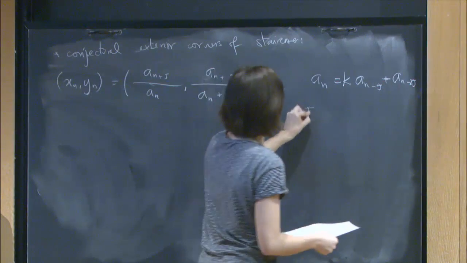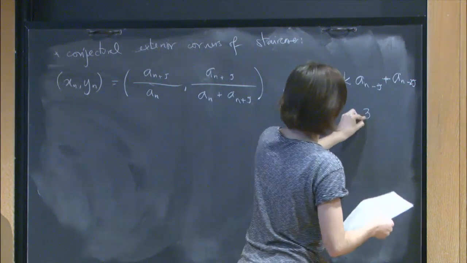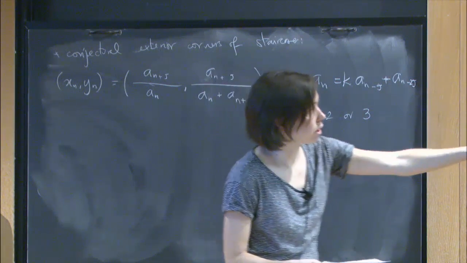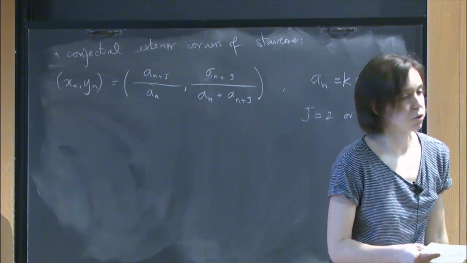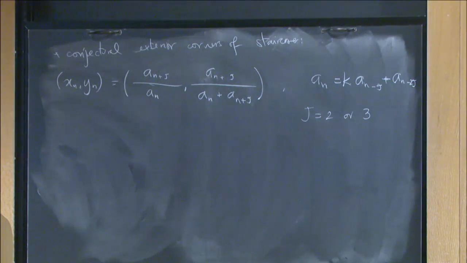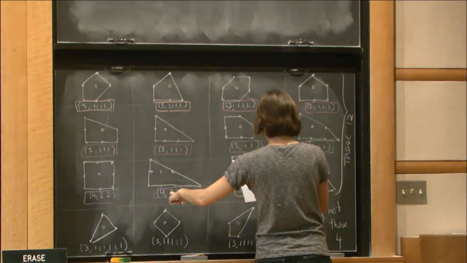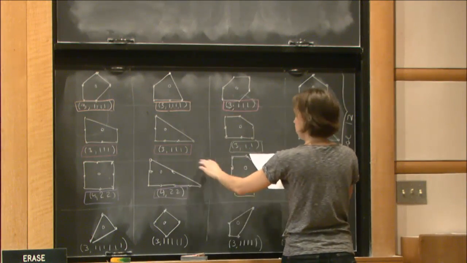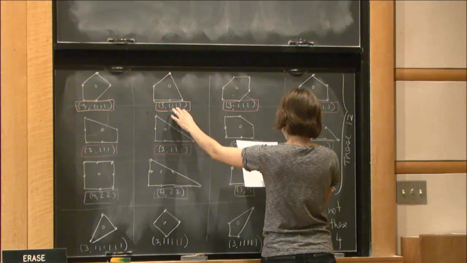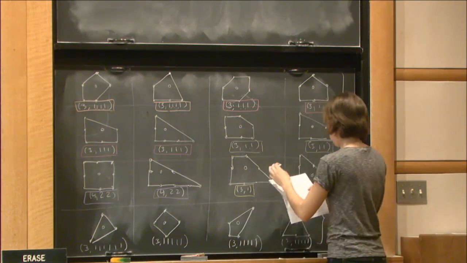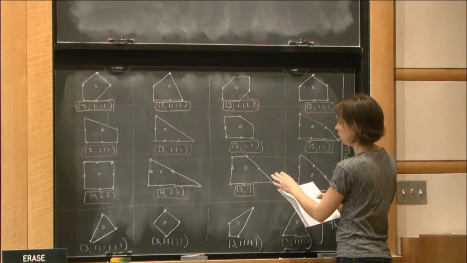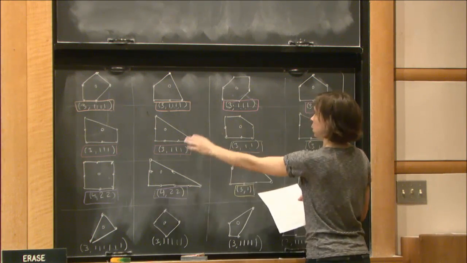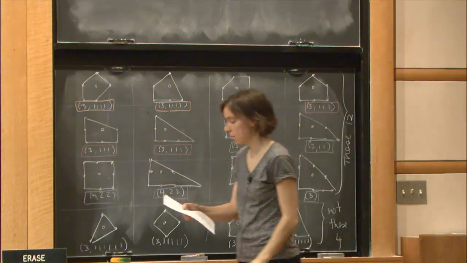J equals 2 or 3. So it's 2 for some of them, and it's 3 for some other ones. So it's 2 for the 3, the 4, 2, 2, the 3, 1, 1, 1, and the 3, 1, 1, 1, 1. And it's 3 for this one and the other one, this one.